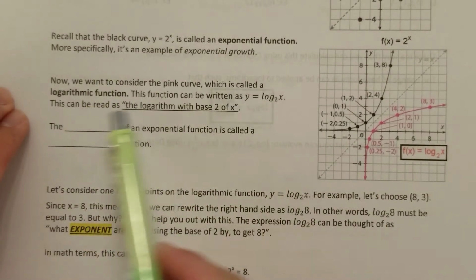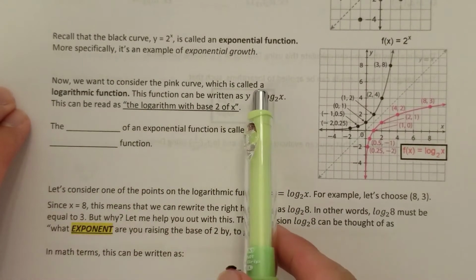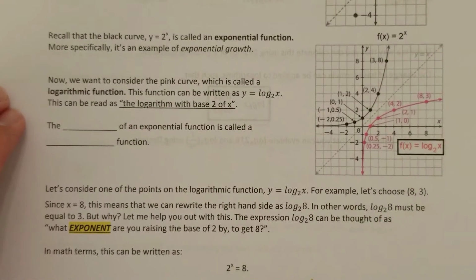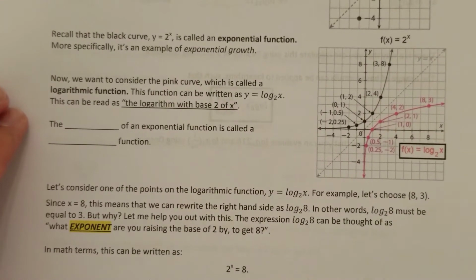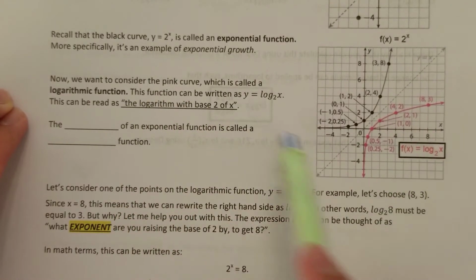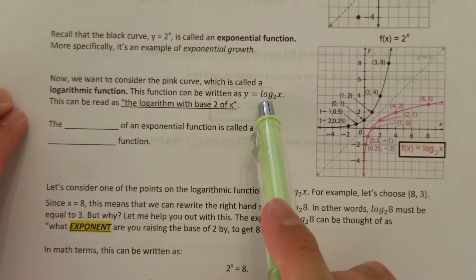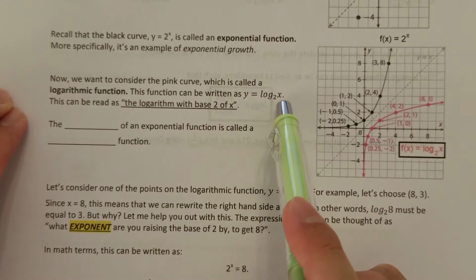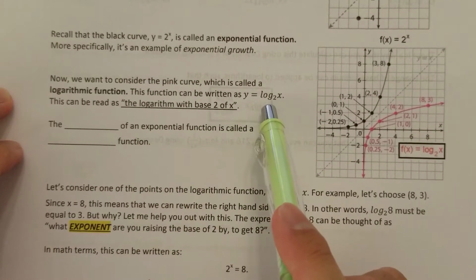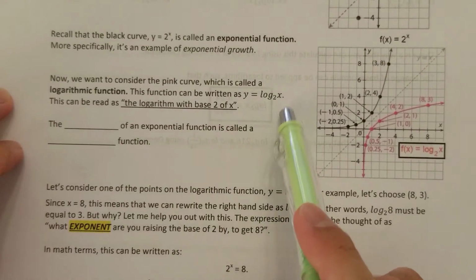Okay. Now if we consider this pink curve, this one here, this is called a logarithmic function. This function can be written as f of x equals the log with base 2 of x. That's what I put here, just so you can see it. Logarithm with base 2 of x.